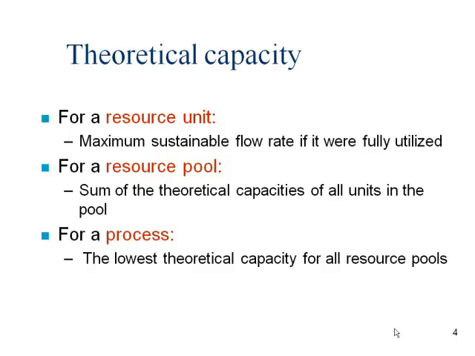But if we're talking about a process and we're talking about the theoretical capacity of a process, a lot's going to depend on the flow of work through the different steps, to what extent they utilize the resource pools. So the lowest theoretical capacity of all resource pools is going to define the process theoretical capacity. Now, this is something that we need to show via an example. So we'll do that in the next slide.